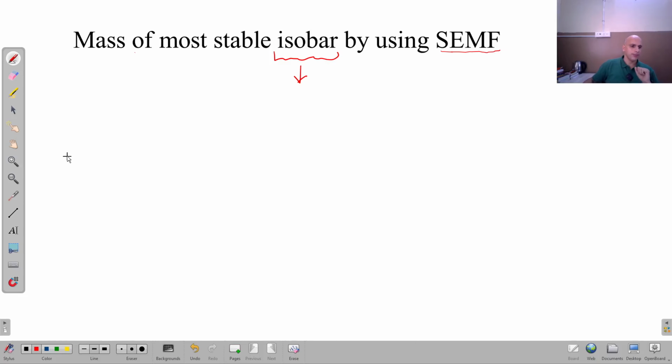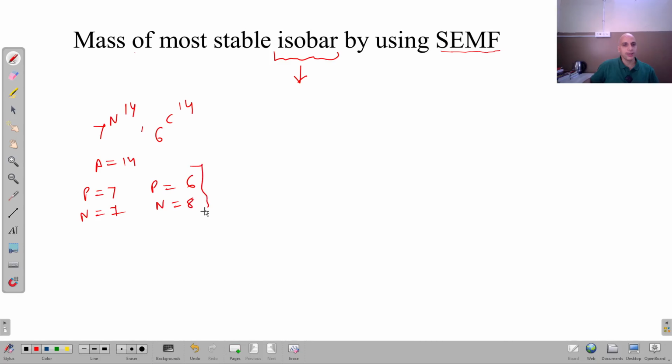I can give you a very common example: 7 nitrogen 14 and 6 carbon 14, right? You can see the mass number A is 14 in both cases, but for the first we have proton 7, neutron 7, and for the second we have proton 6, neutron 8. So this is the case.